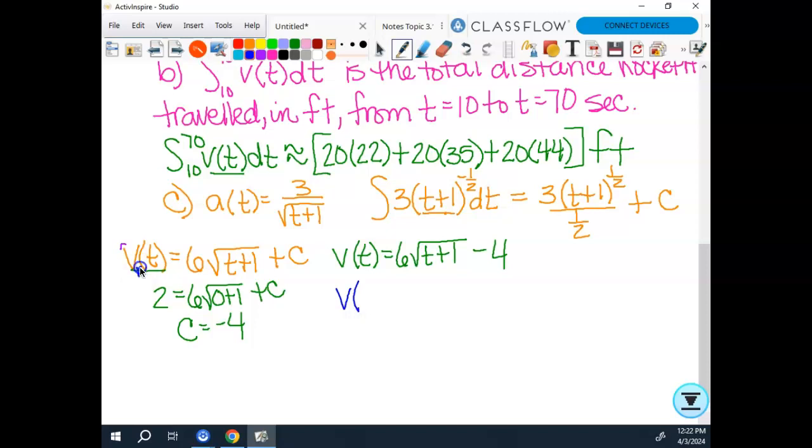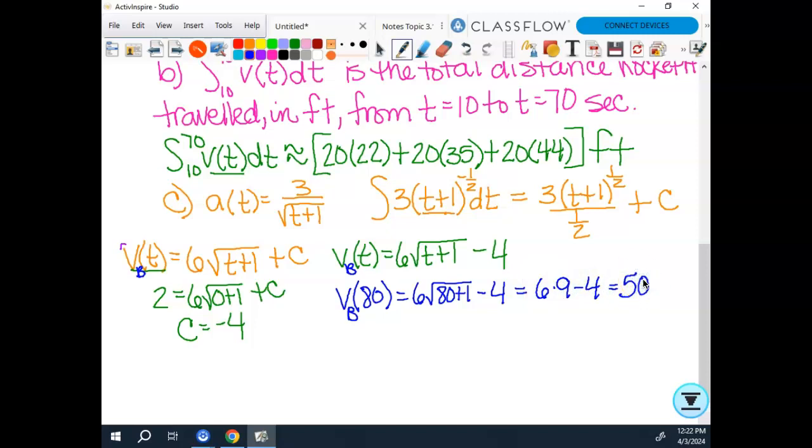So v sub B, so I can keep them straight. v sub B of 80 is equal to 6 times the square root of 80 plus 1 minus 4. Right? 80 plus 1 is 81. What's the square root of 81? 9. So I get 6 times 9 minus 4, which gives me 50.